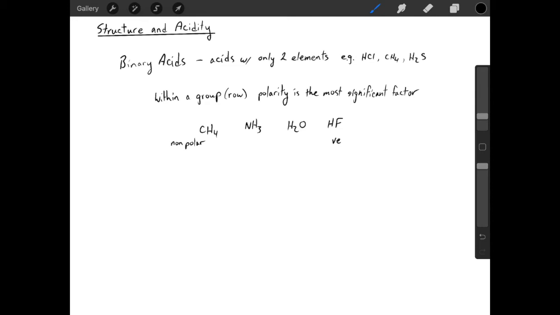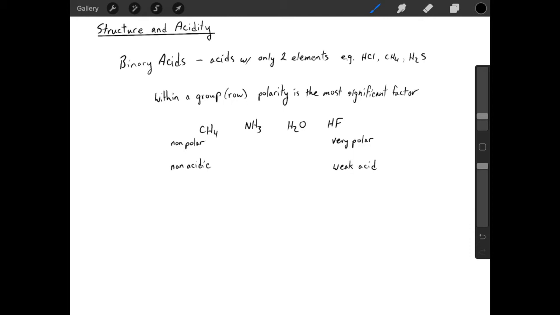And the HF bond in HF is extremely polar. And we saw earlier that the more polar your HA bond, your H to whatever bond, the more acidic your material is. And that's definitely true in this example. Methane is not an acid at all, and HF is a weak acid.